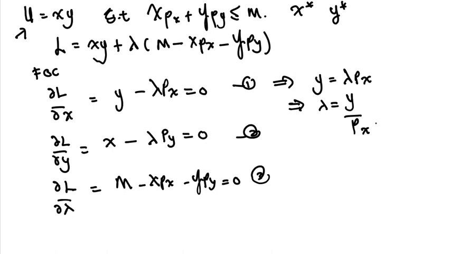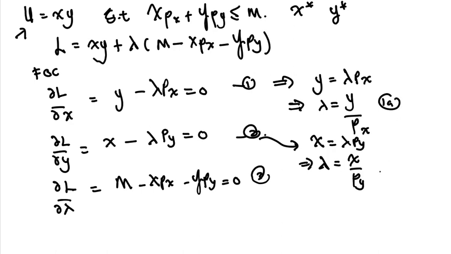We can also do the same for 2: x equals lambda py, then this implies lambda equals x over py. Let's call this one 1a and this one 2a.